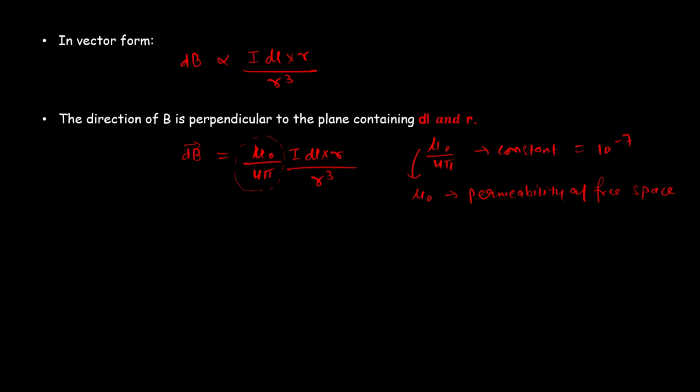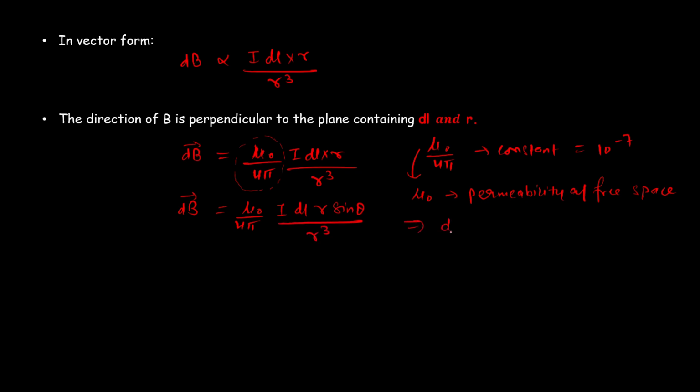Now dB can be written as mu naught by 4 pi I, and since this is a cross product, we can write it as dl into r with sin theta divided by r cube.